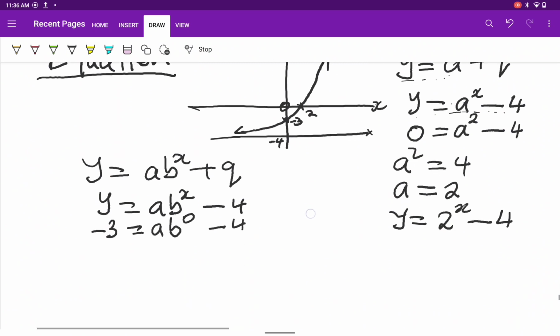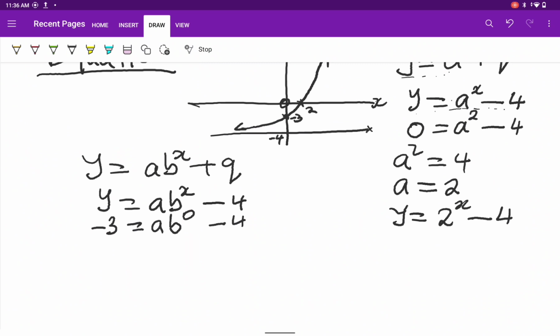Now we can take the 4 to the other side, so it's going to be plus, so it's -3 plus 4, which is 1. So we have a times b to the power 0 is 1, so it's giving us a to be 1. So now the value of a is positive 1, so we have our function as y equals b to the power x, because a is 1, then minus 4.